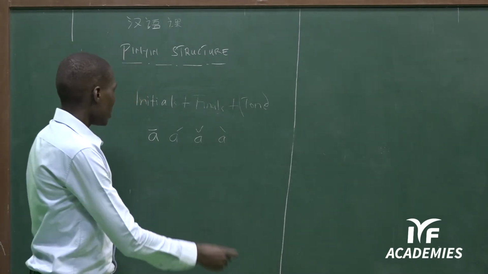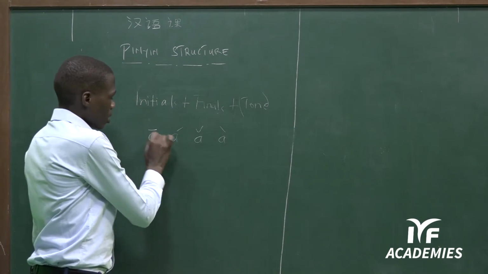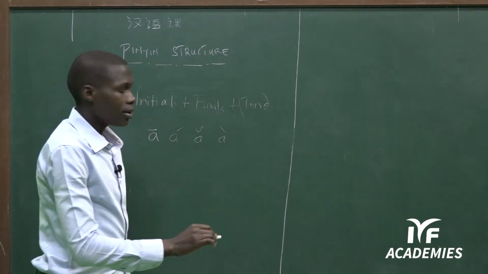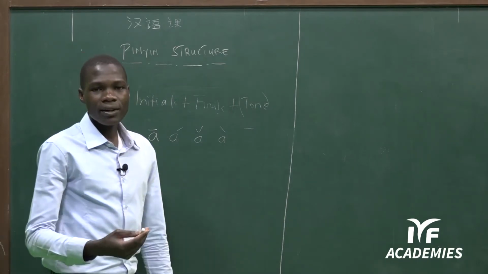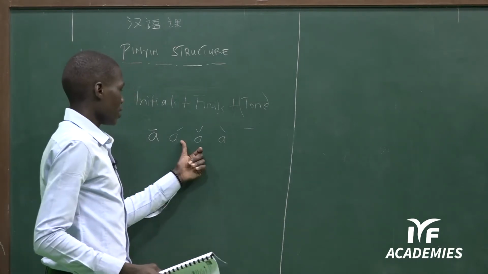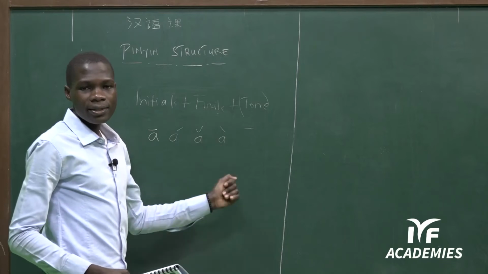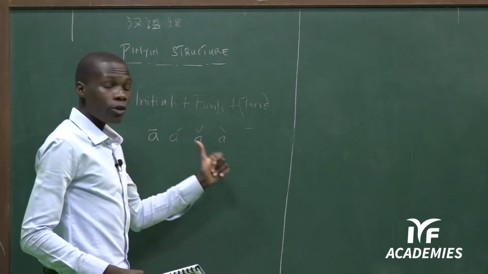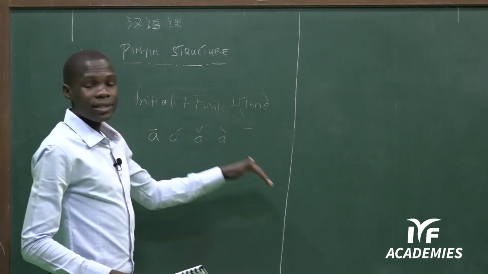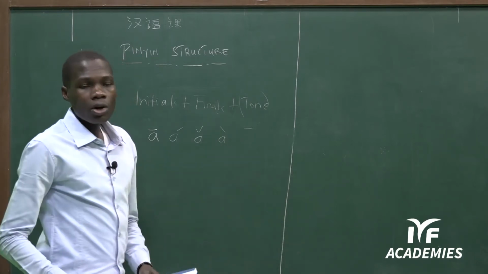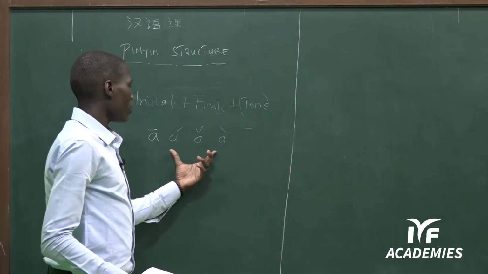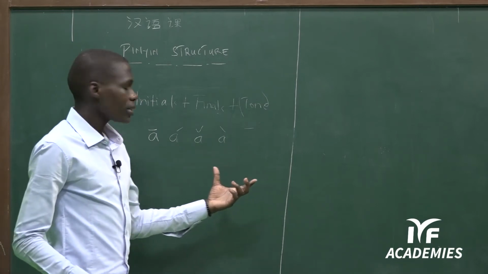Then the first one is flat. Then the second one is ascending. The third one descends, then ascends. Then the fourth one just descends, or drops. All these 4 tones, we are going to meet them when we are learning Chinese.